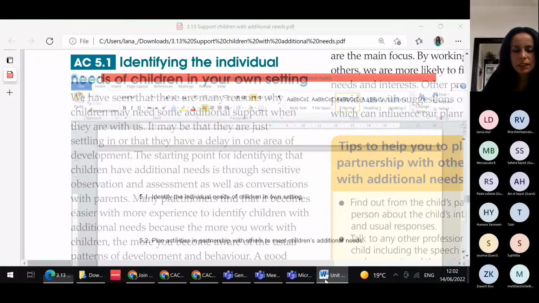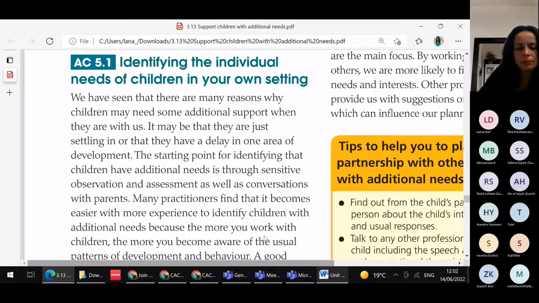So the way I answer this, I will be talking about my experience. So how can you identify the individual needs in your own setting, in your nursery? So I start talking about myself. I say, in my nursery, I always monitor, I always observe the children.